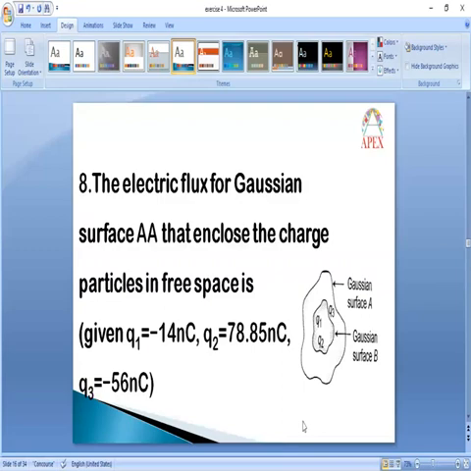Next, question number 8. The electric flux for Gaussian surface that enclose the charged particles in free space is. So 3 charges were given, Q1, Q2 and Q3, and finally they are asking us to calculate the total electric flux only. So electric flux is nothing but total charge enclosed by epsilon naught.